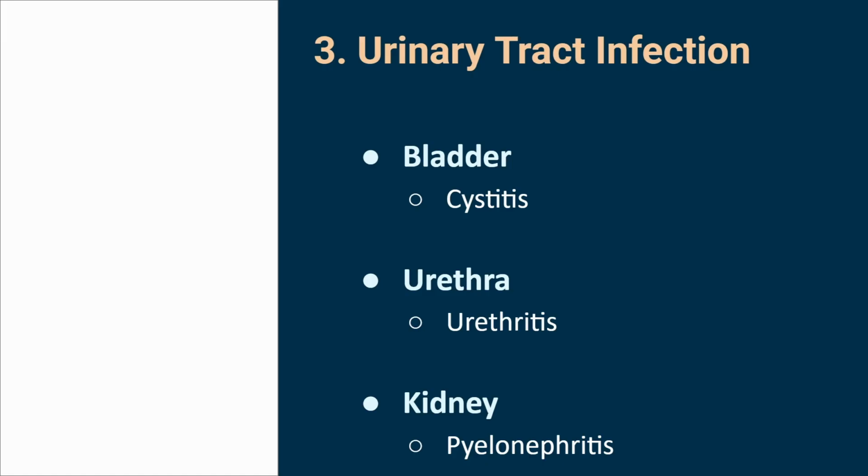Now with UTIs, you should know that we call them urinary tract infections, but you can technically be one of those guys that pushes up your glasses and says, actually, if you really want to. If you have a urinary tract infection that involves your bladder, that's referred to as cystitis. Cystitis doesn't have anything to do with cysts.